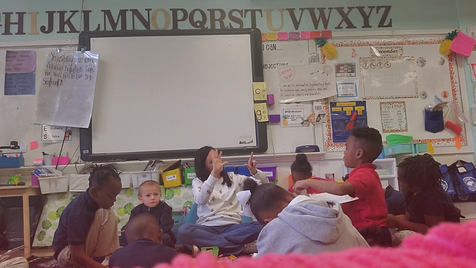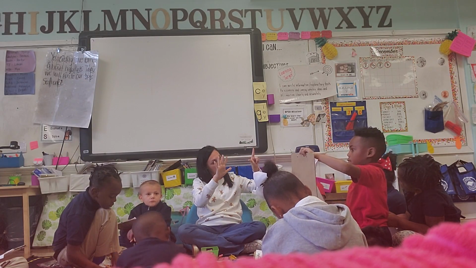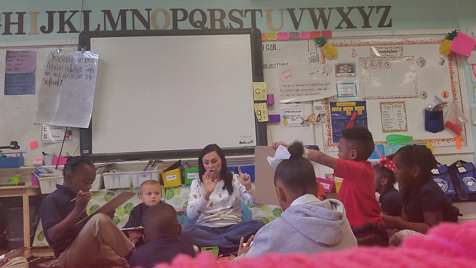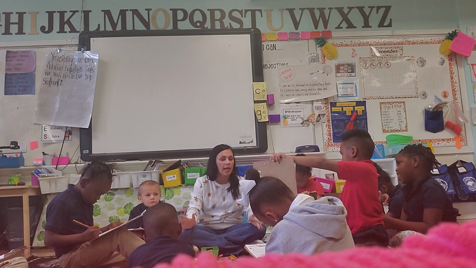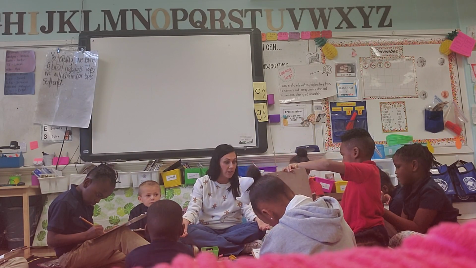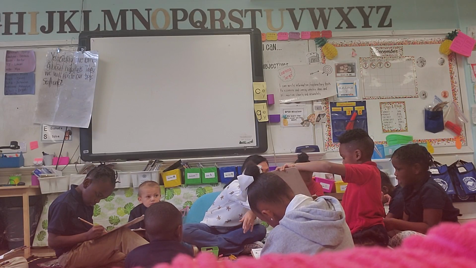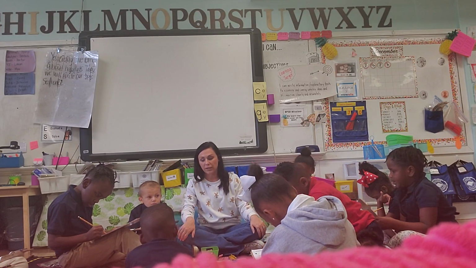I got 2 over here. 5 plus 2. 7. So that means that 15 minus 8 is 7. Make sure you have something in the blank so I know what your answer is.